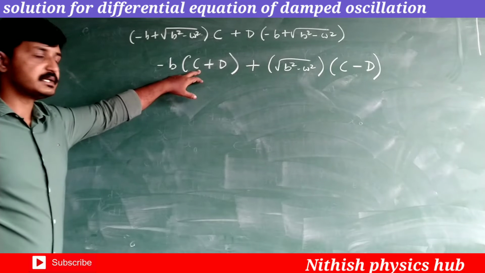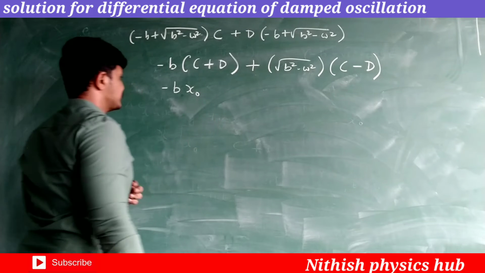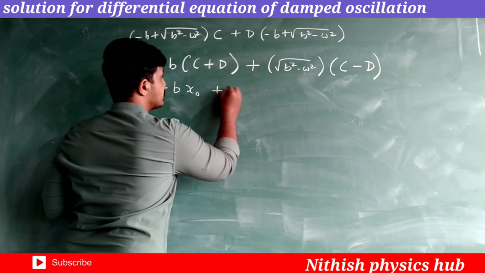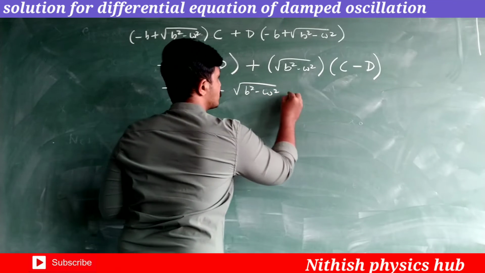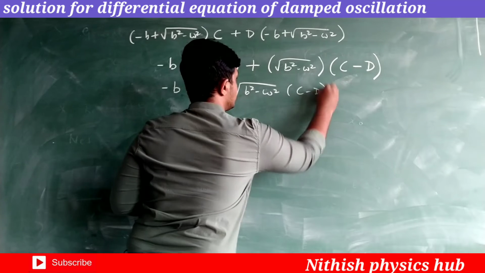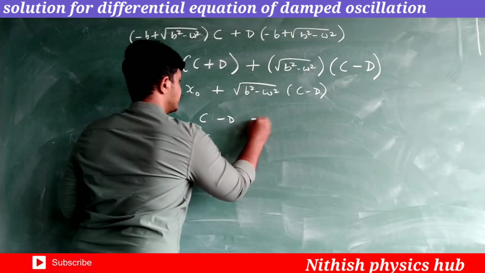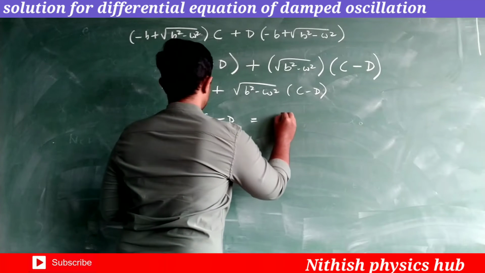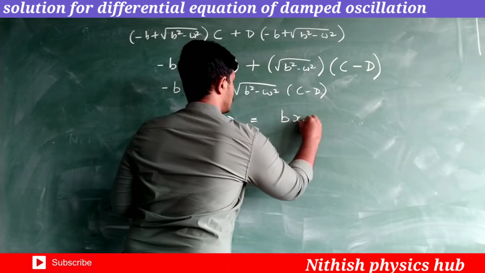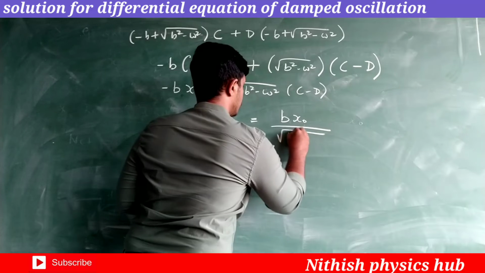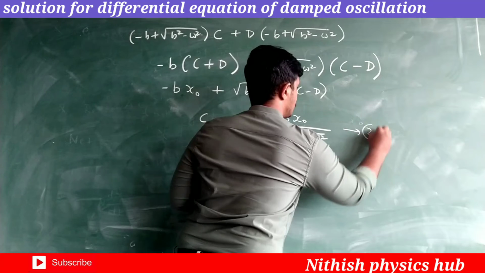Here I can clearly say that, by the previous equation, c plus d can be written as x naught, so b x naught equals root of b square minus omega square into c minus d. If I want the value of c minus d, the equation turns into b x naught divided by root of b square minus omega square. Take that as equation number 2.